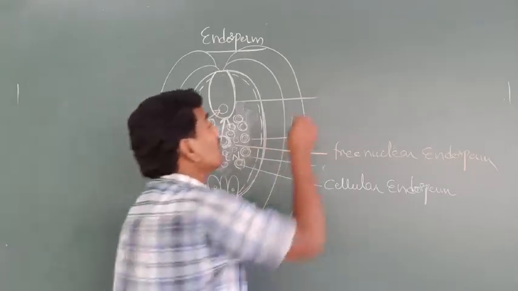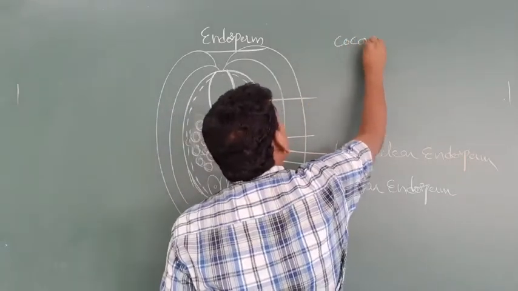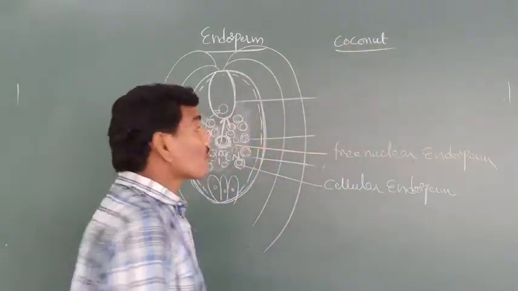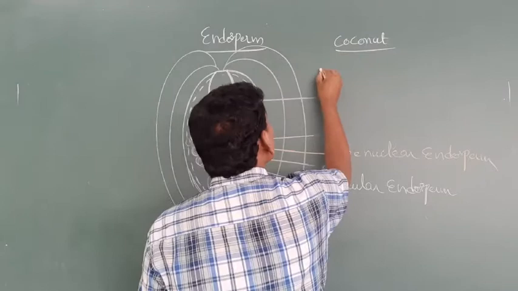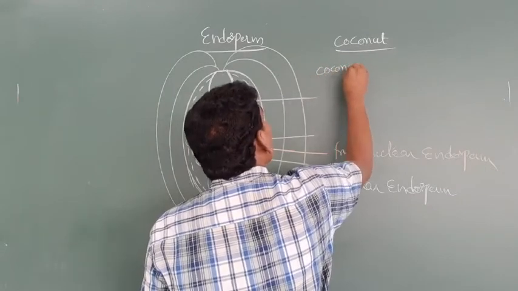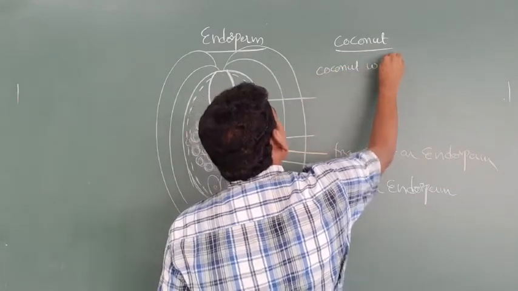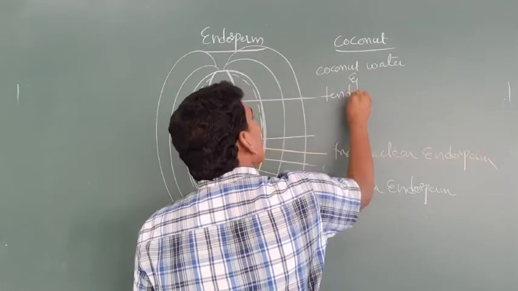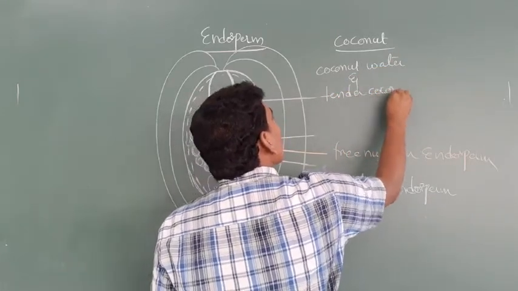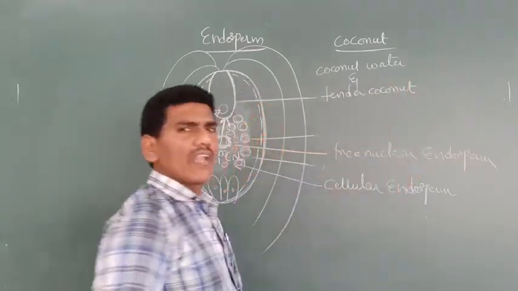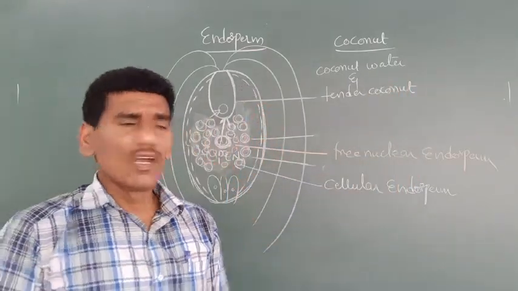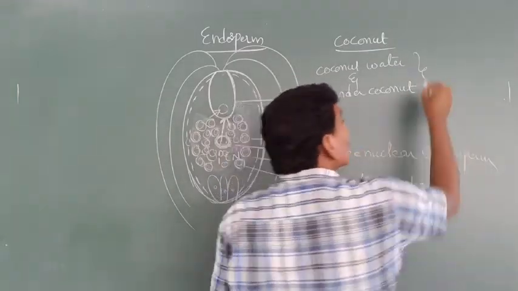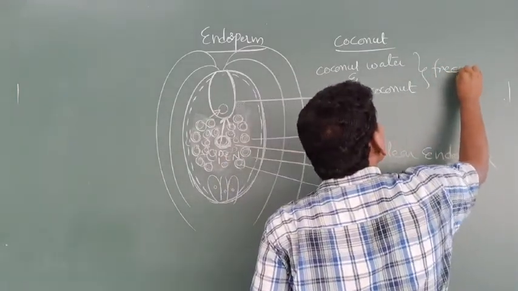Here, if you see the coconut fruit, the coconut water and tender coconut are nothing but free nuclear endosperm. Tender means very smooth. Surrounding the water, thousands of nuclei are found. For example, in one coconut, the coconut water and tender coconut are free nuclear endosperm.